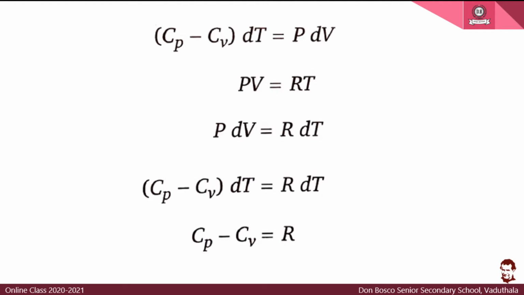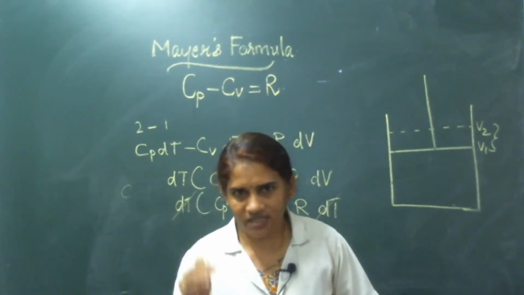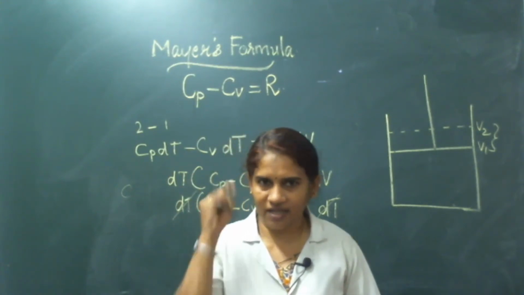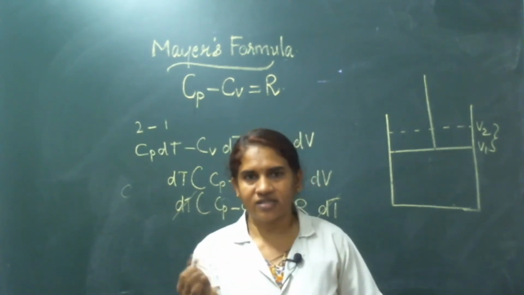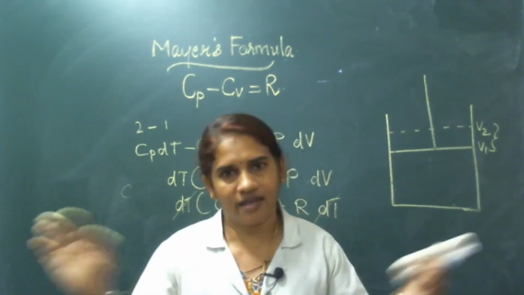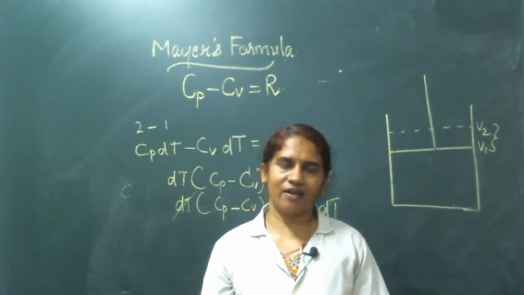By taking the difference, considering the gas equation and taking its differential, we get Cp minus Cv is equal to R. So, the derivation of Mayer's relationship is clear. Clear now?